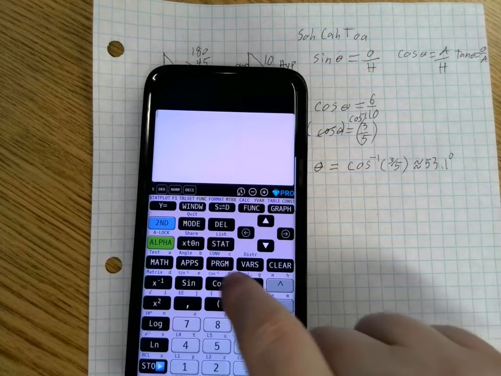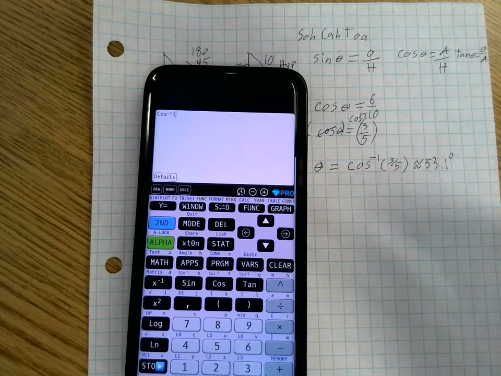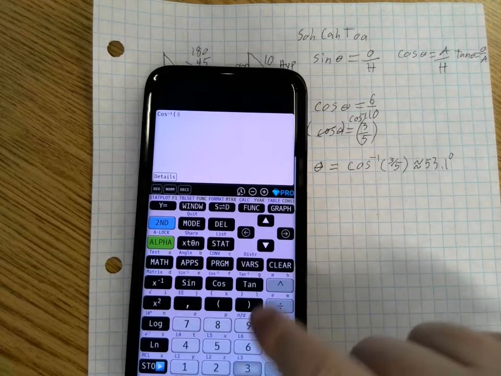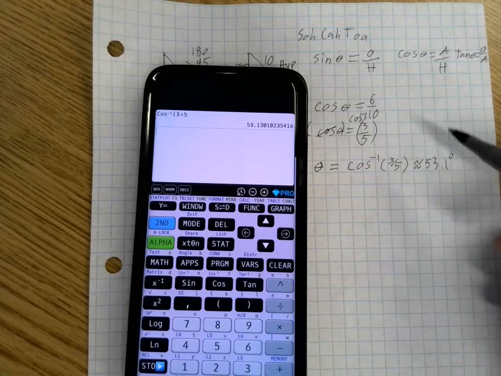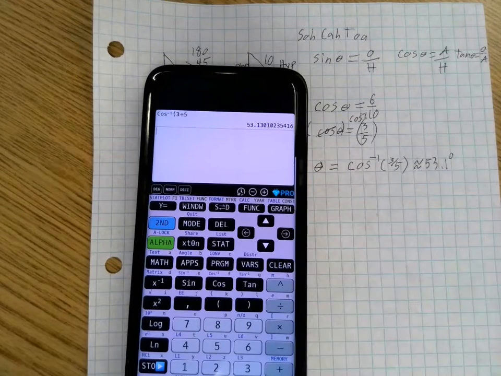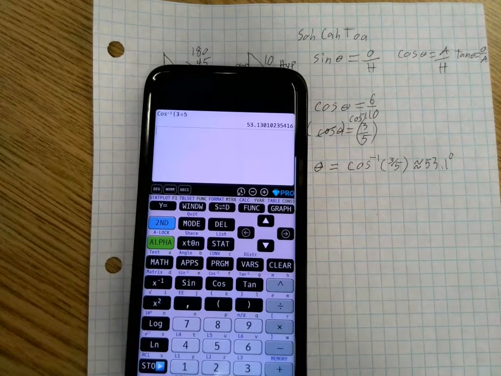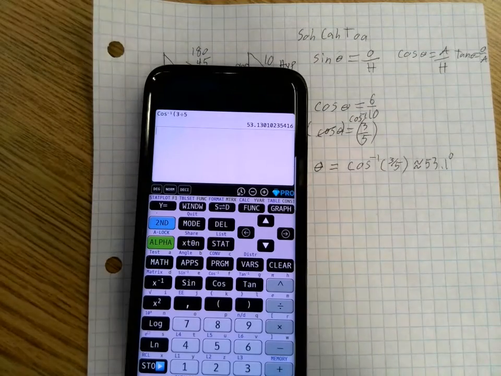So if I hit second cos and do 3 divided by 5, I get 53.13, etc., so about 53.1. And there you go. This works the exact same way no matter which trig function you have to use, whether it's sine, cosine, or tangent. Any of them always work the exact same way.